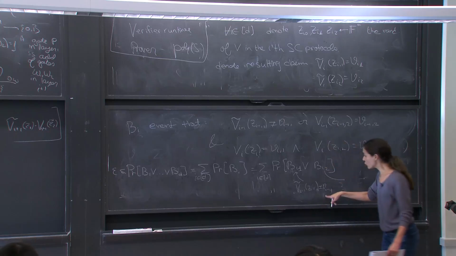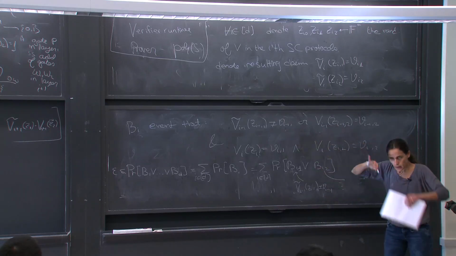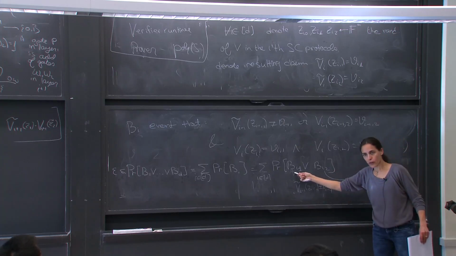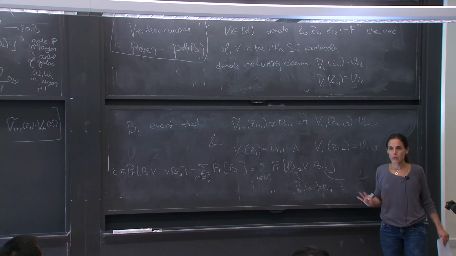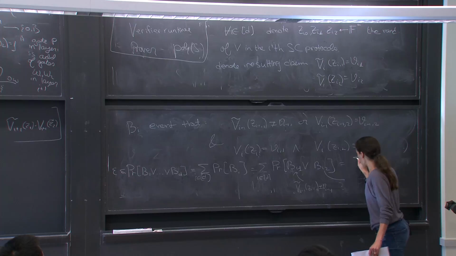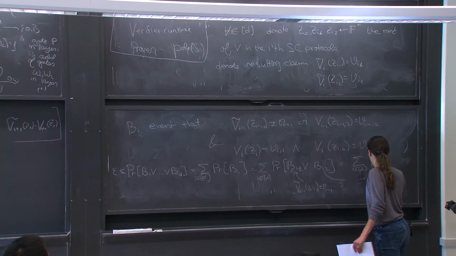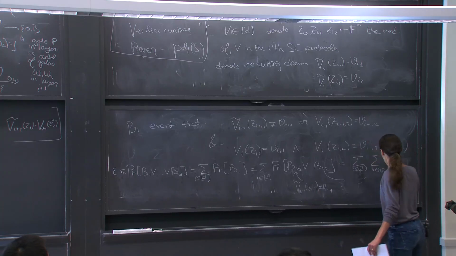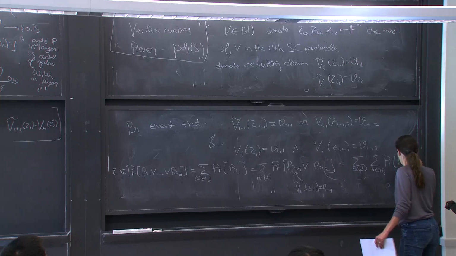And B_i^2 means the second was false. So B_i says one of them was false. Let's partition it: either the first was false or the second, maybe both. I said or, but I know one of them is false. Now I'm going to union bound. So this is at most the sum over i in D, sum over b in 1 or 2, of the probability of B_i^b.